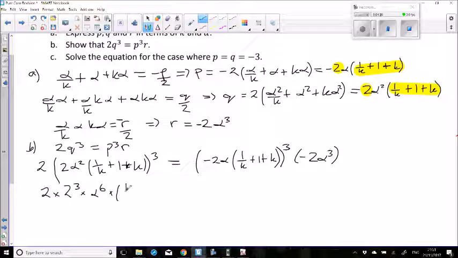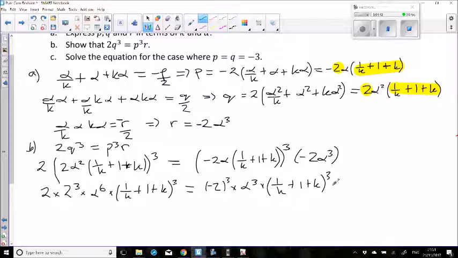Then I'm going to leave this bracket as it is, but that is to the power of 3. On the other side now, I've got negative 2 cubed times alpha cubed times the bracket cubed, and then times negative 2 alpha cubed.